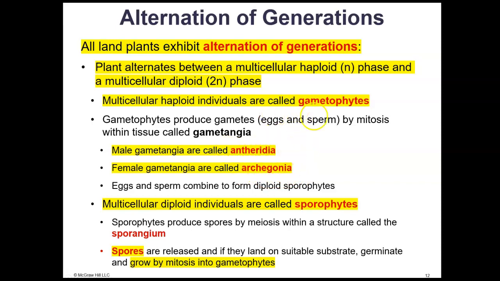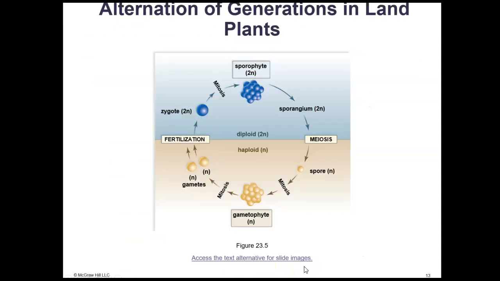Okay, so the gametophyte structure is haploid, the sporophyte structure is diploid, and the sporophyte carries out meiosis to produce spores. The spores are haploid, and if they germinate, they form into haploid gametophytes. This is an image of the life cycle.